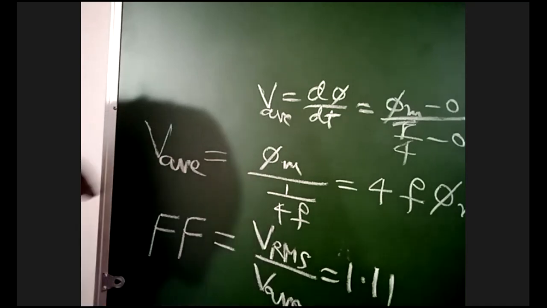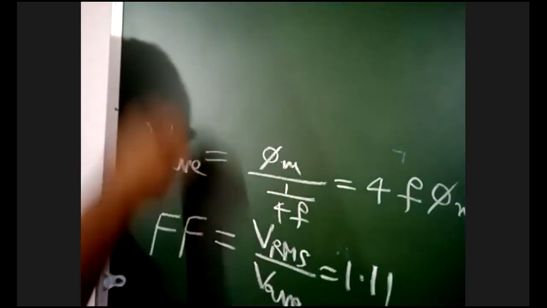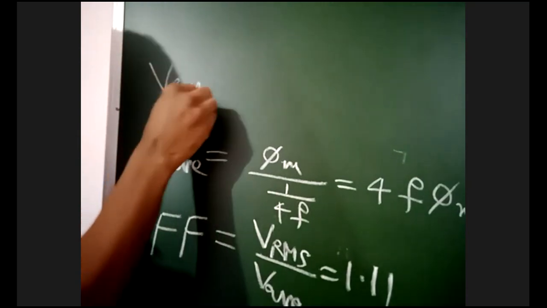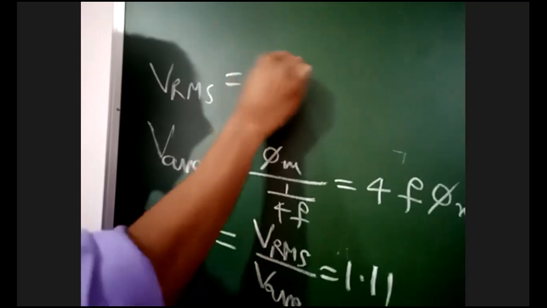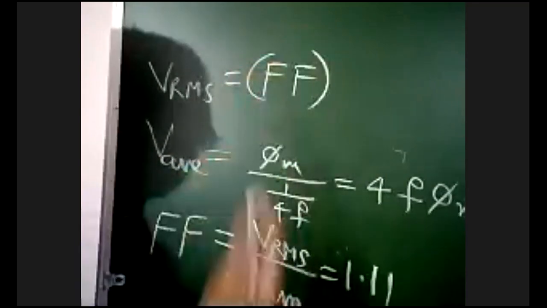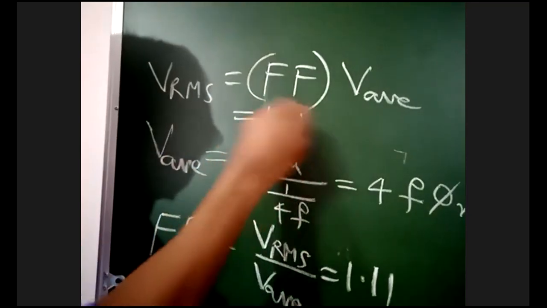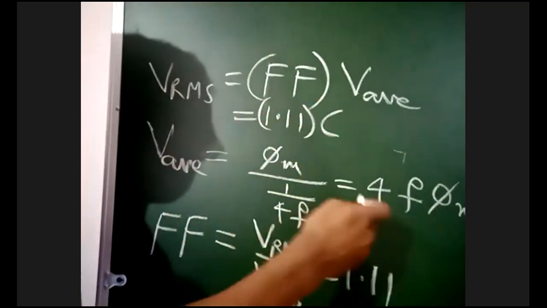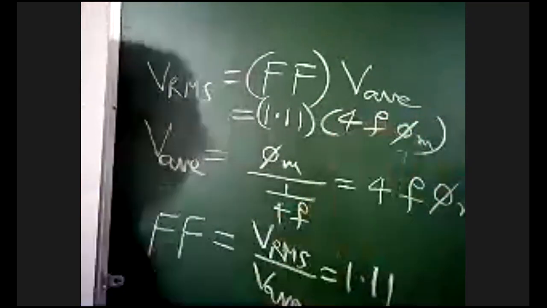Now can you tell me what the RMS value is from this equation? V RMS is equal to form factor into V average. Now form factor value is 1.11. What is the value of V average? 4F phi m.